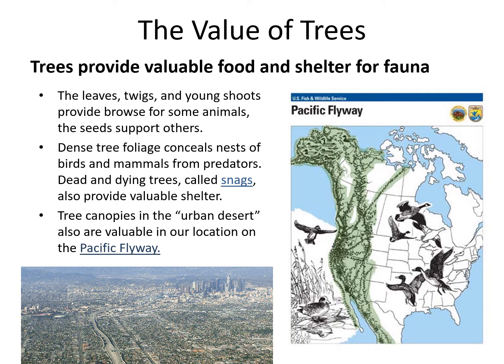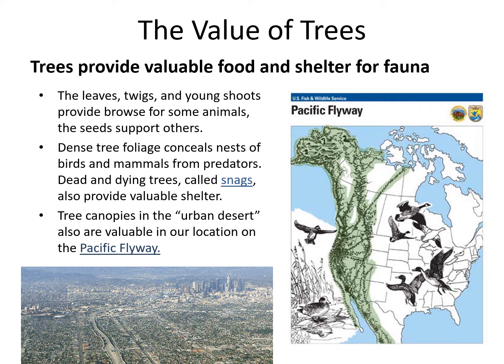Trees provide valuable food and shelter. In many areas in Southern California, we almost have this urban desert where there are very few trees or green places for animals to get a little bit of a reprieve. And this is really important because we are located along the Pacific Flyway.